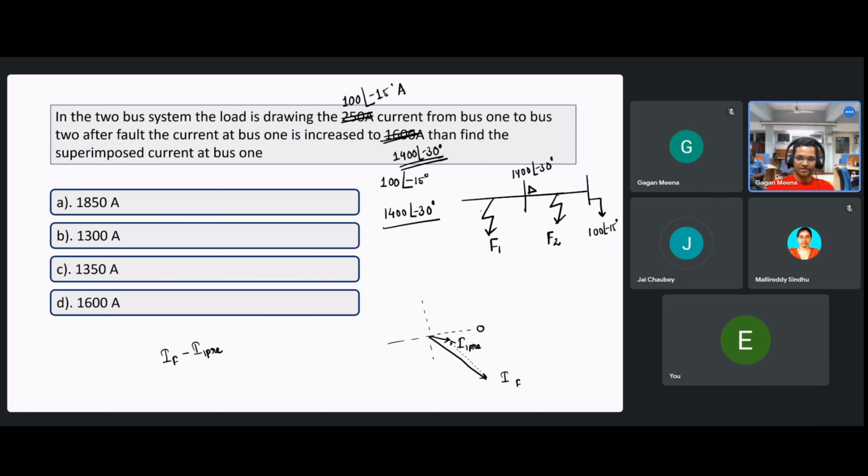And what is the angle of this? It is a phasor like this. We want to find the angle between this, delta IF. Minus.